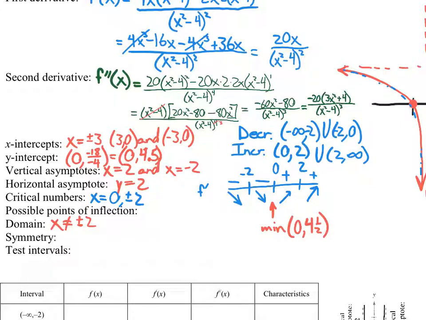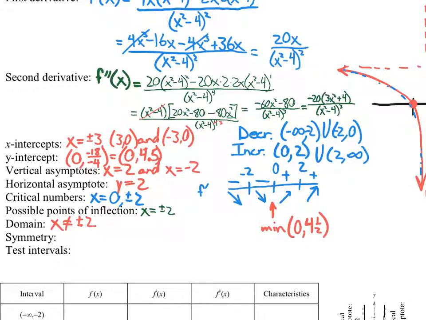So what else do we look at for possible points of inflection? Denominator equals 0, okay? Well, that's where x is plus or minus 2. However, we already know that at positive and negative 2, we have asymptotes, right?